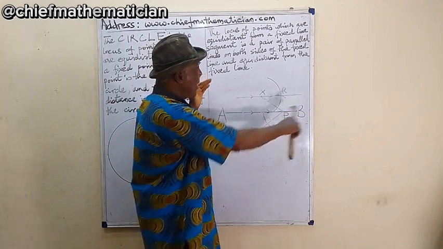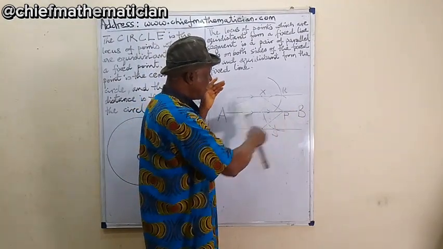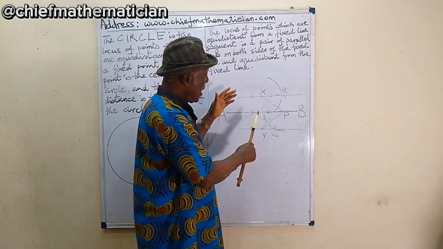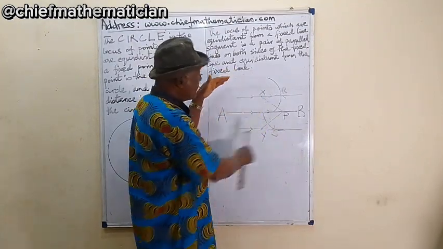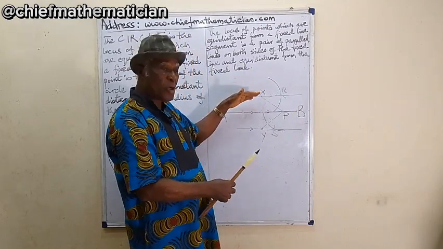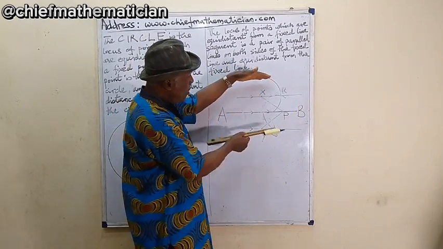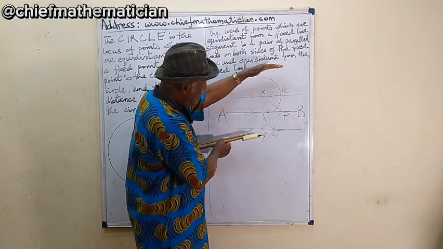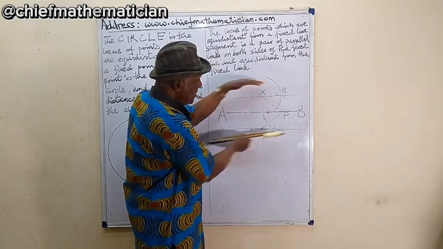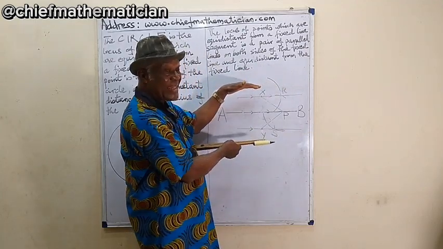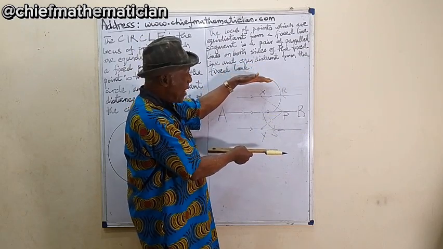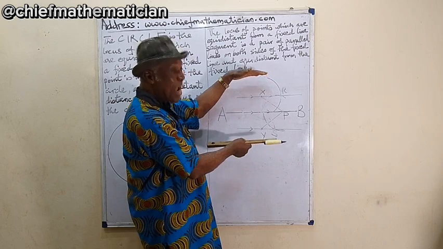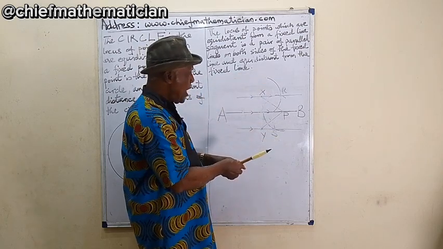Every point on XR and every point on YS is at a constant distance from AB, from our construction. So XR and YS are parallel lines on opposite sides of AB and equidistant from AB.